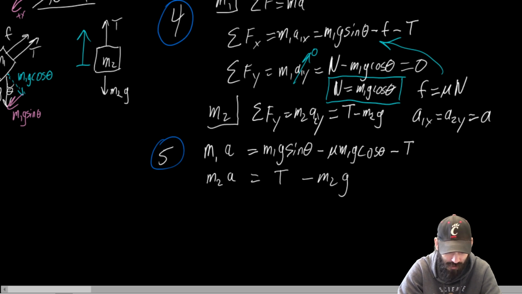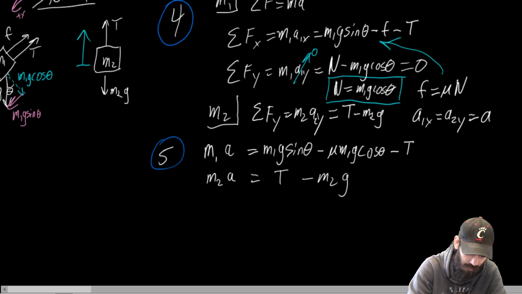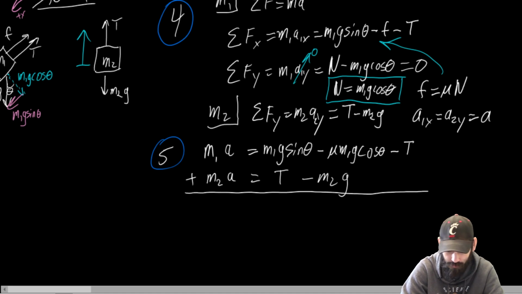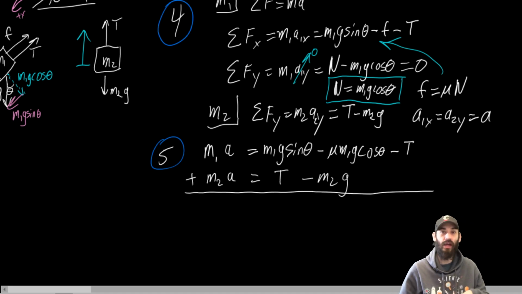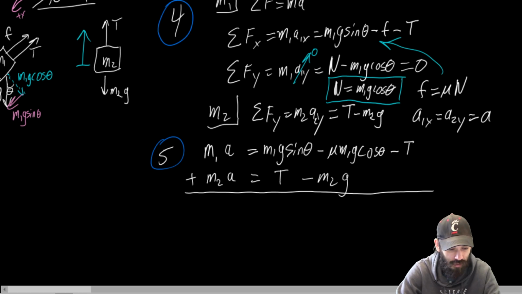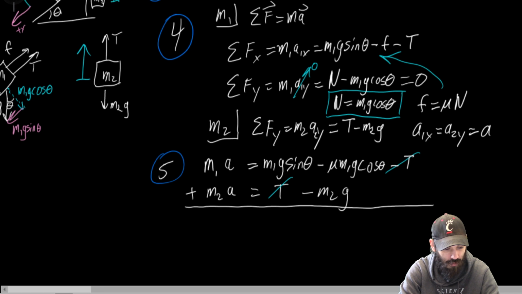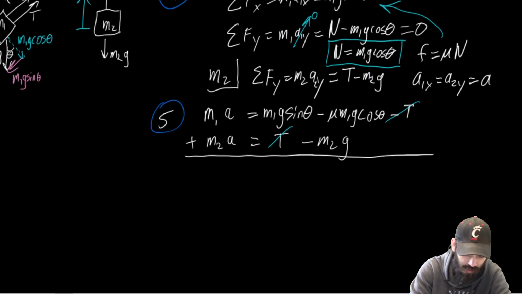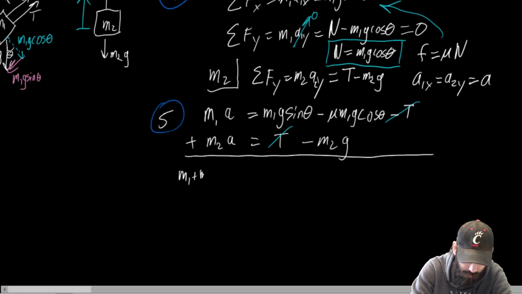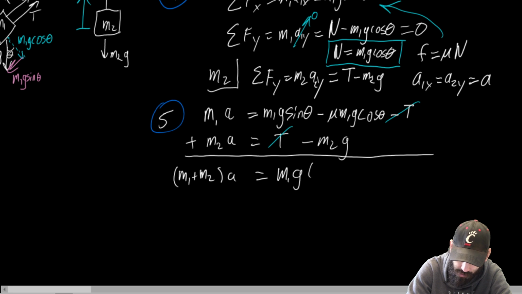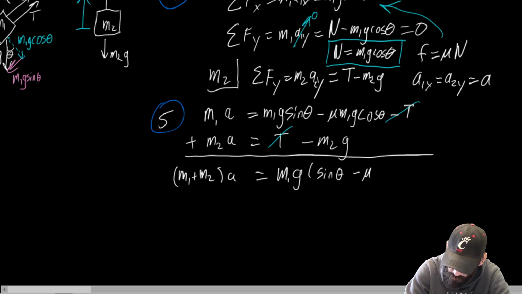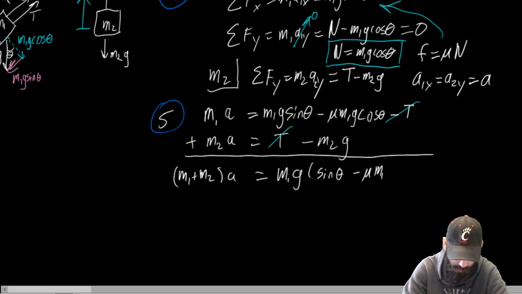And so the nice thing about this is that with the way that I have this written, I can just take these equations and add them together, because when I do that, my tension is just going to cancel, right? So we don't have tension anymore. Then this is going to be m1 plus m2 times a. This is going to be equal to, let's factor out our m1g, so this is m1g sine of theta minus mu, m1, sorry, I already factored that out.